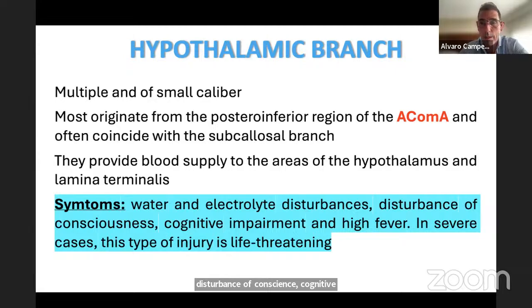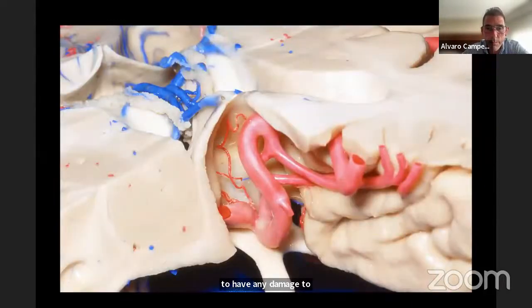In severe cases, this type of injury is life-threatening. So we have to take care when we are going to put a clip to avoid clipping or damaging these perforating branches.